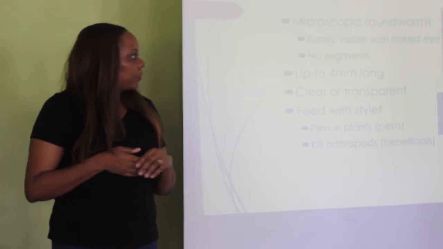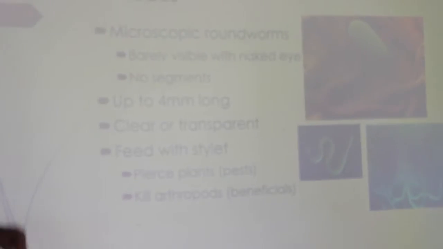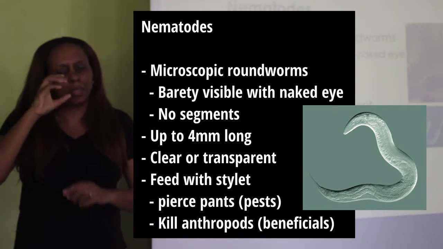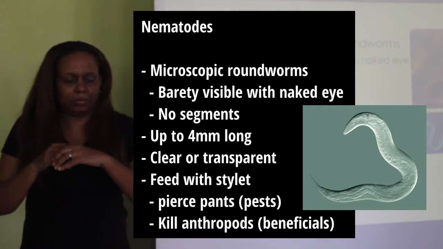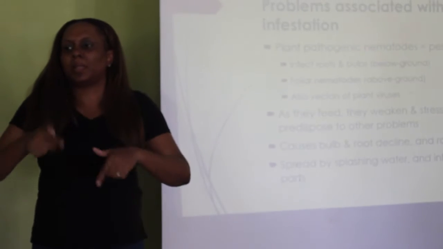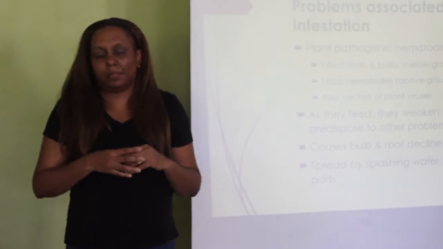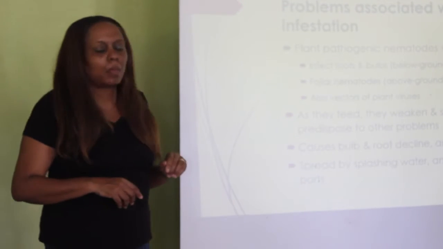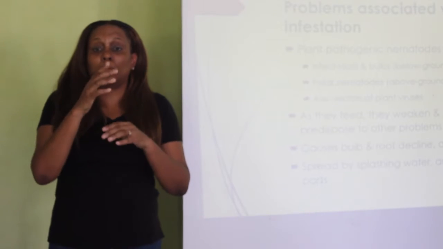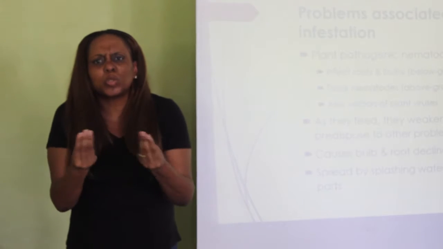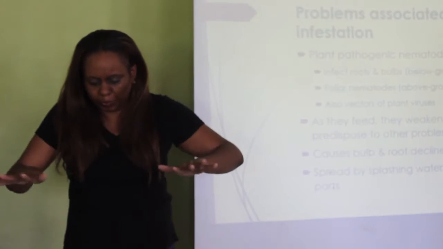We go on to nematodes, very small organisms as well. They cannot be seen with the naked eye, right? These nematodes are normally under the ground. So they infect the roots and the bulbs, and we have some that will also affect your foliar, which is the leaves, right?